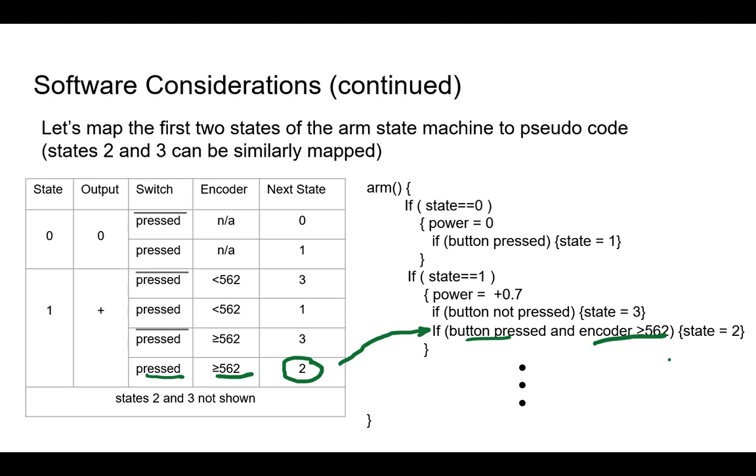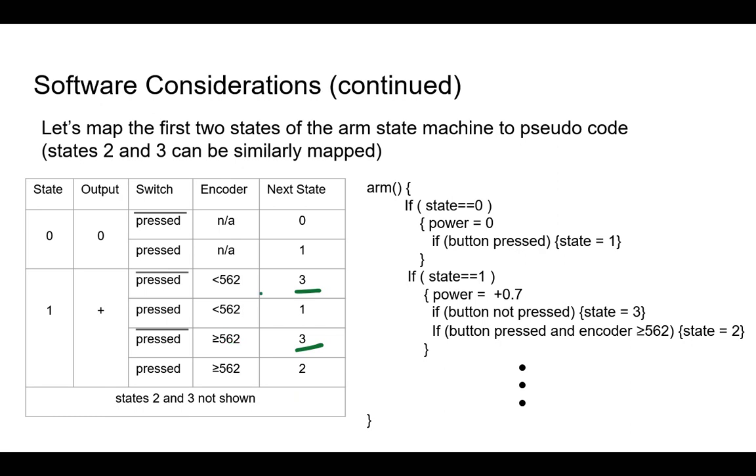State 3 is another transition, and state 3 is actually here and here. So let's look at what causes us to go to state 3. The button being not pressed, or the encoder is less than this, or the encoder is greater than. So if it's less than or greater than, does the encoder change whether we go into state 3?